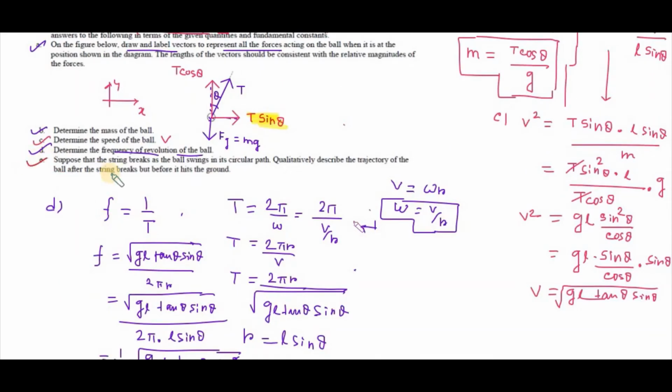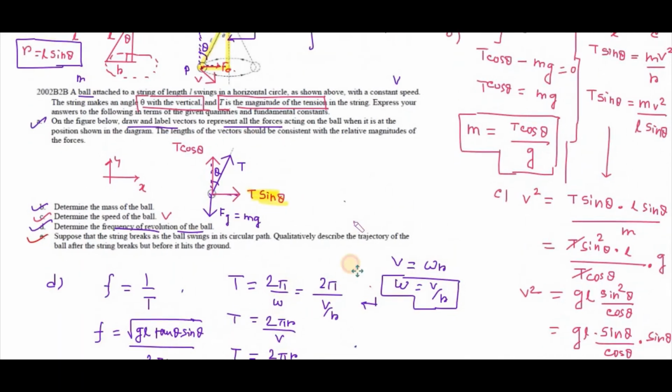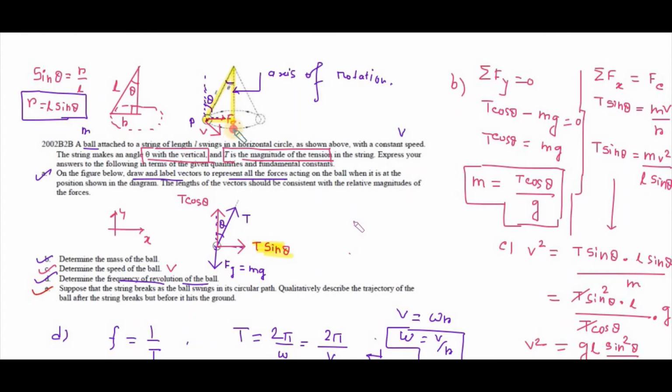Okay, in the last part E, suppose that the string breaks as the ball swings in a circular path. Qualitatively describe the trajectory of the ball after the string breaks but before it hits the ground. So let's say at this point the string breaks. In that case it will have the tangential velocity along the horizontal direction. So it is supposed to move like this, and from there it is going to follow a parabolic path up to reaching the ground.